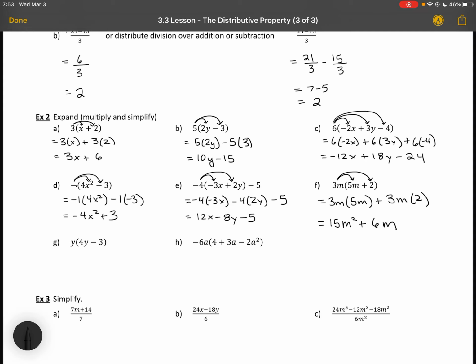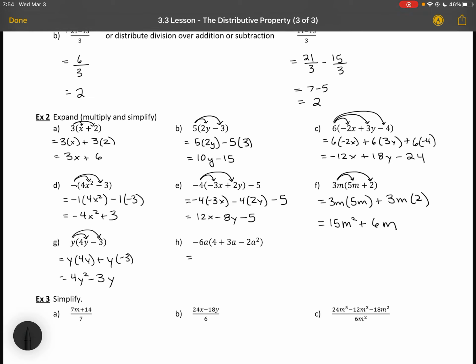Now I have only a variable out here. So y times 4y, y times minus 3. So I get 4y squared minus 3y as my final answer.